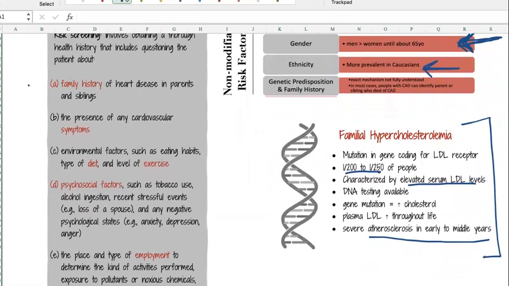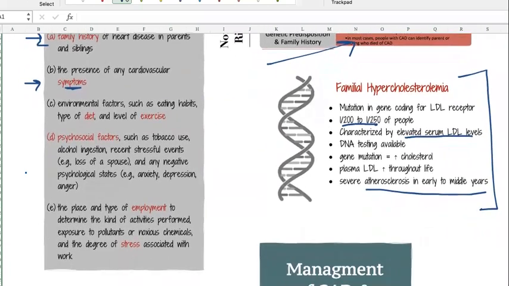The first is family history, and we talked about why that is. We know they're way, way more likely if there's a family history. Second is the presence of any cardiovascular symptoms, so shortness of breath, chest pain, even exercise intolerance, anything like that.